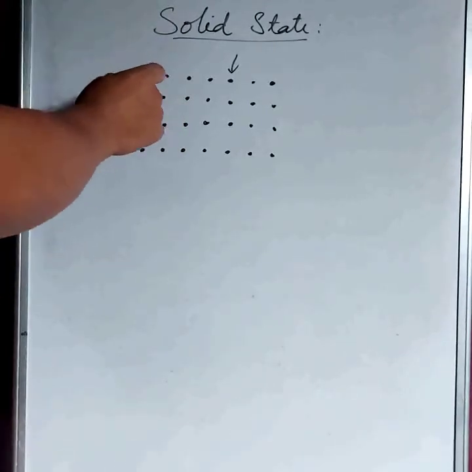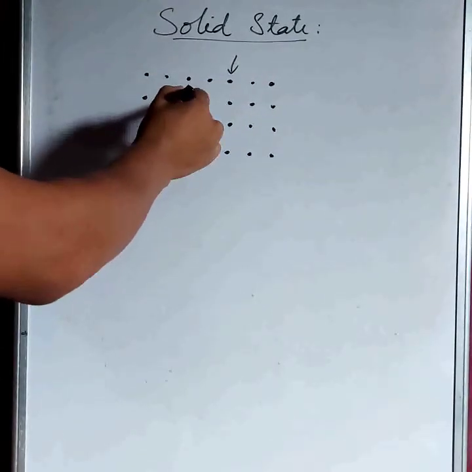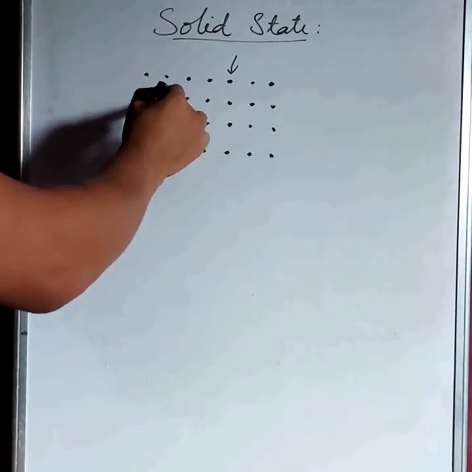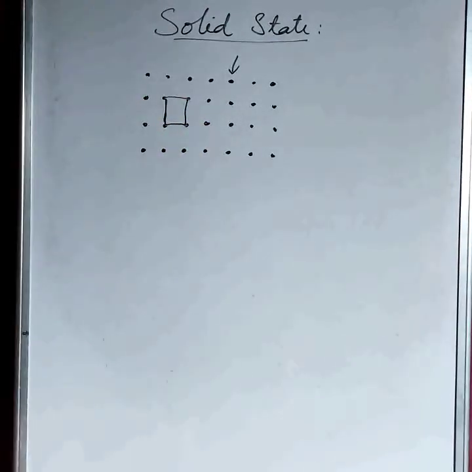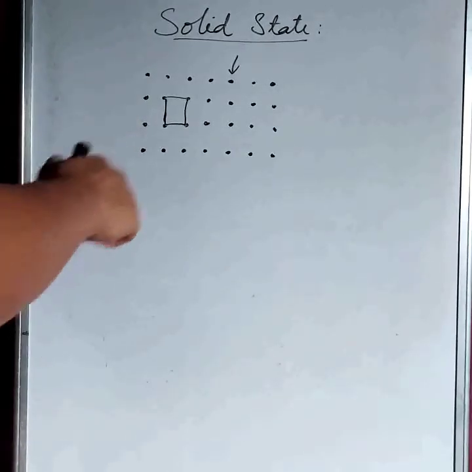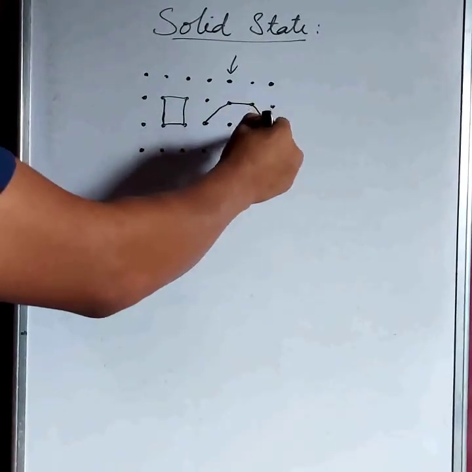If we consider only one row, then we can say that's one-dimensional. But suppose we connect these 4 dots, then we have generated a 2-dimensional structure which looks like a square, or you can even go for a hexagon.